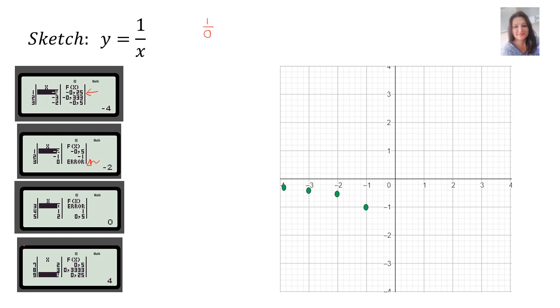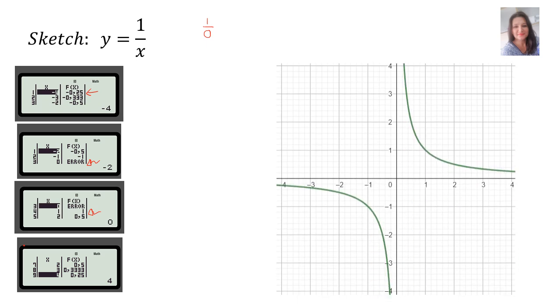Then continuing, there's 1 and 1, 2 and 0,5, 3 and 0,33, and 4 and 0,25. When you join all the dots, there's your graph.